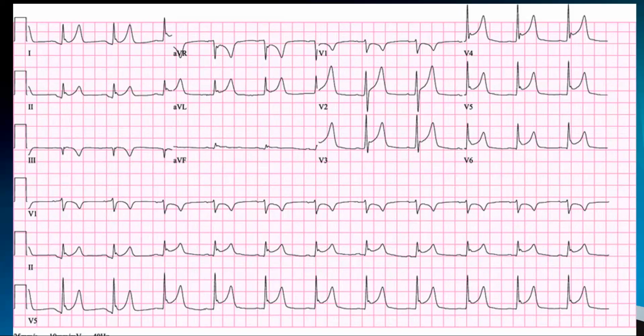Here heart rate is 75 beats per minute, and rhythm is regular. Here P wave is followed by QRS complex, and I'm seeing some ST depression in lead 1, lead 2, and then in V1, V2, V3, V4, V5, and V6.